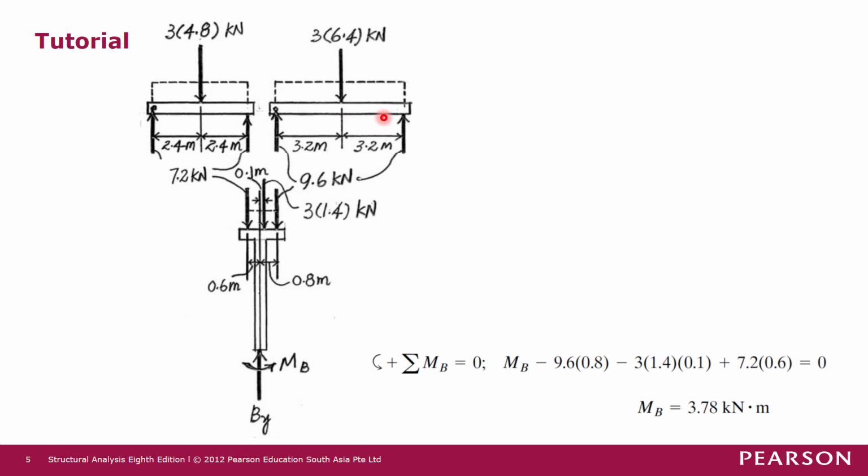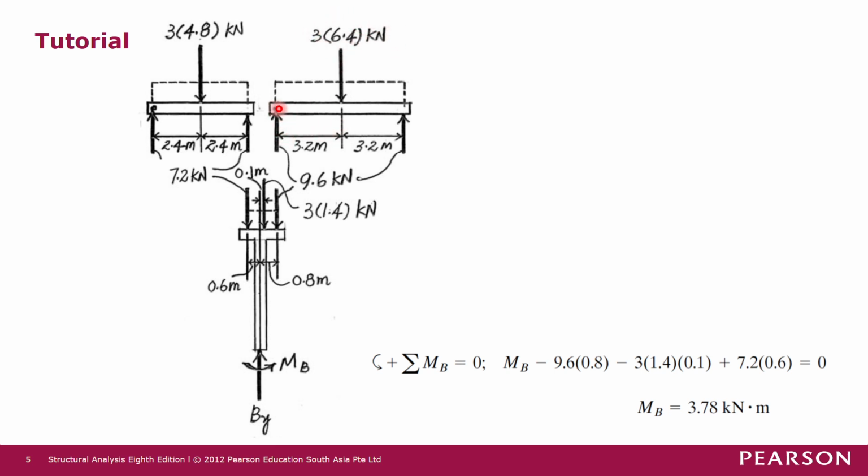For this 6.4 meter beam, we need to look at the UDL first. The UDL is 3 kilonewton per meter length, so the resultant force acting on 6.4 meters is 3 times 6.4 kilonewton.